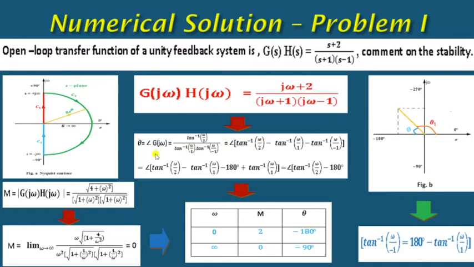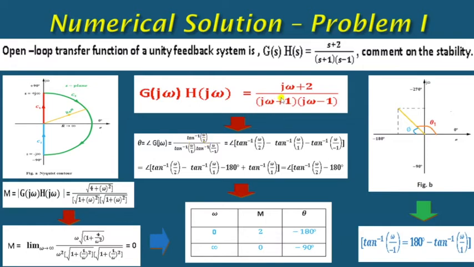Then find the phase angle. Theta equal to the angle of G(j omega)H(j omega). That means tan inverse of imaginary part by real part. Here the imaginary part is omega and the real part is 2. That means tan inverse omega by 2.